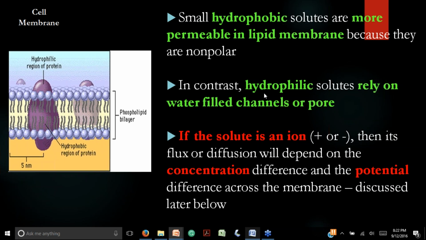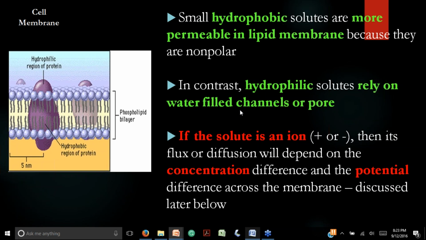We have, in contrast, the hydrophilic solutes, which actually rely on water-filled channels or pores. So for example vitamin B and vitamin C are going to pass through channels. They are not going to pass through the lipid membrane because the membrane is going to reject them.